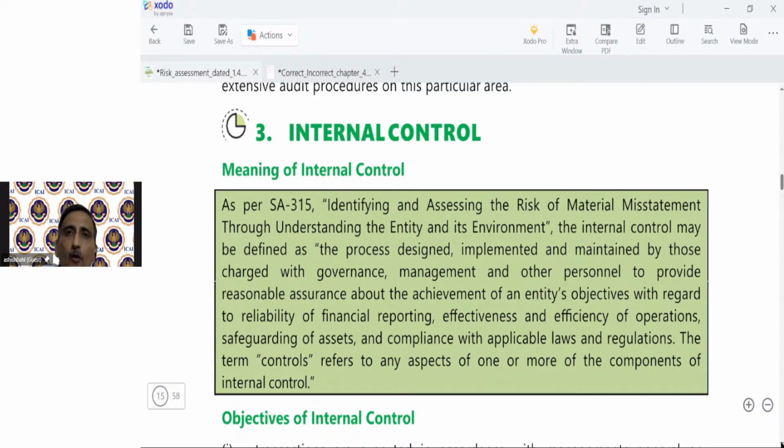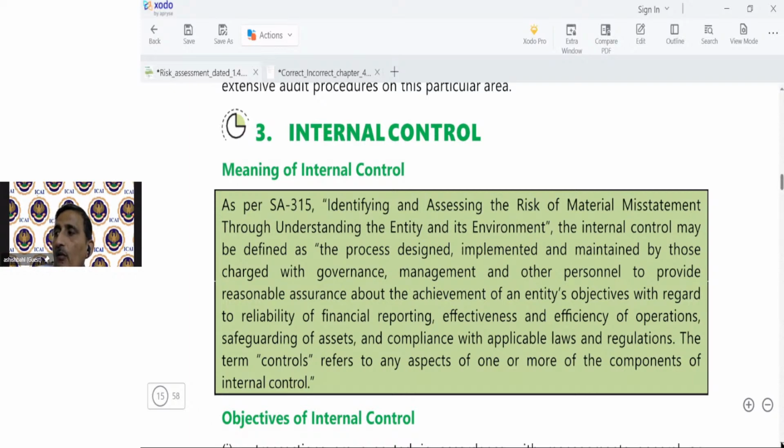Now we shall study the technical definition of internal control as per SA 315. As I have told you, this chapter is largely based upon SA 315. So the name of the chapter itself is Identifying and Assessing Risks of Material Misstatement through Understanding the Entity and its Environment, including its Internal Control.